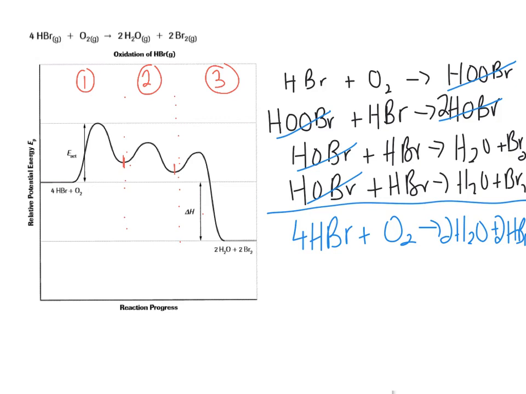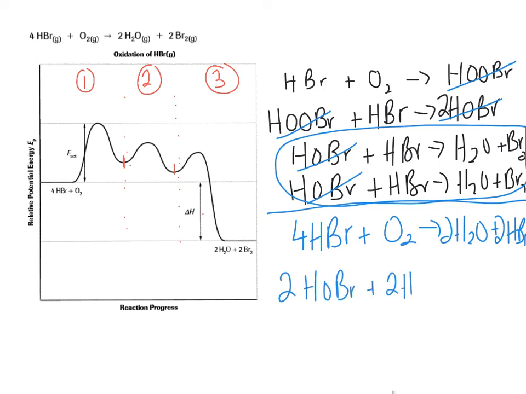So what happens is you can combine this, because there's not 4 humps, there's only 3, so there's 3 reactions. This is just happening with 2 HOBr plus 2 HBr. Don't forget, this is just a suggested reaction mechanism.